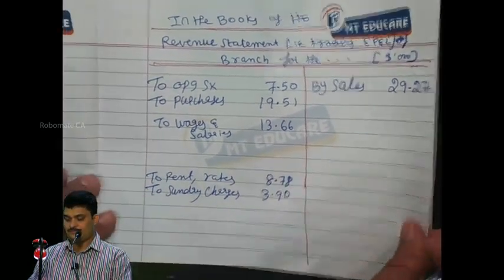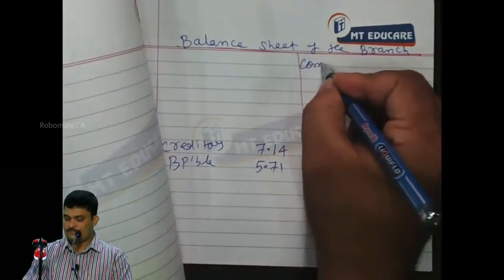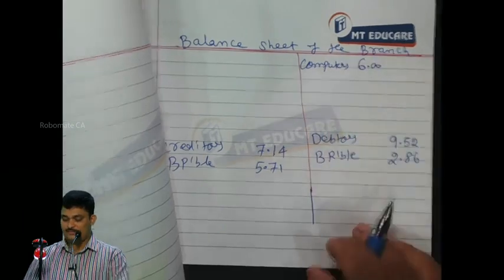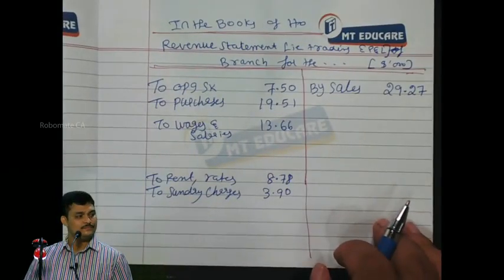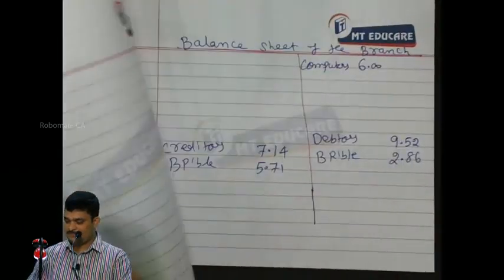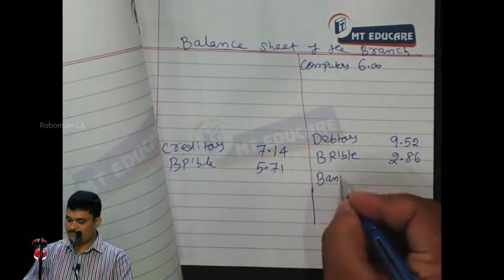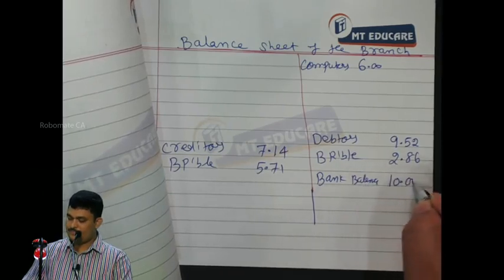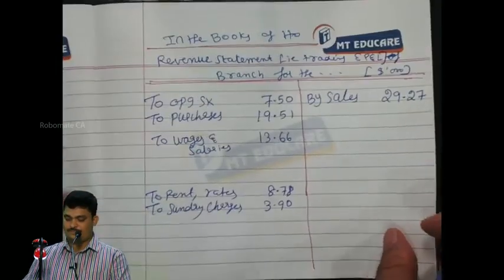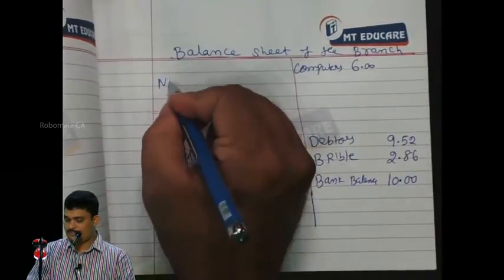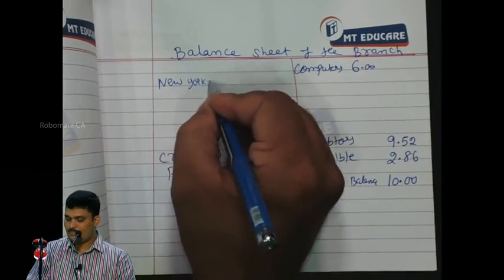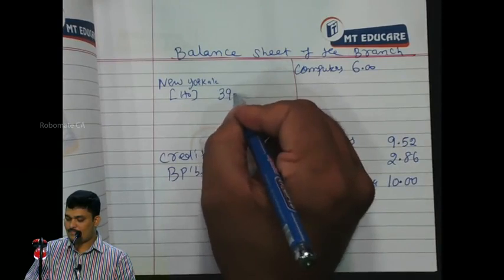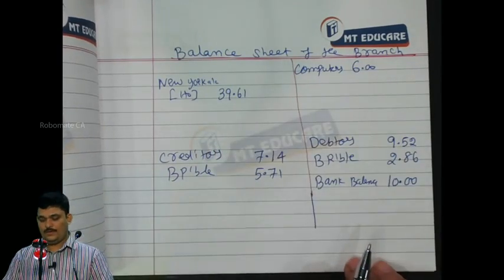Computers. The inner column 6. Next. Bank balance. Okay.